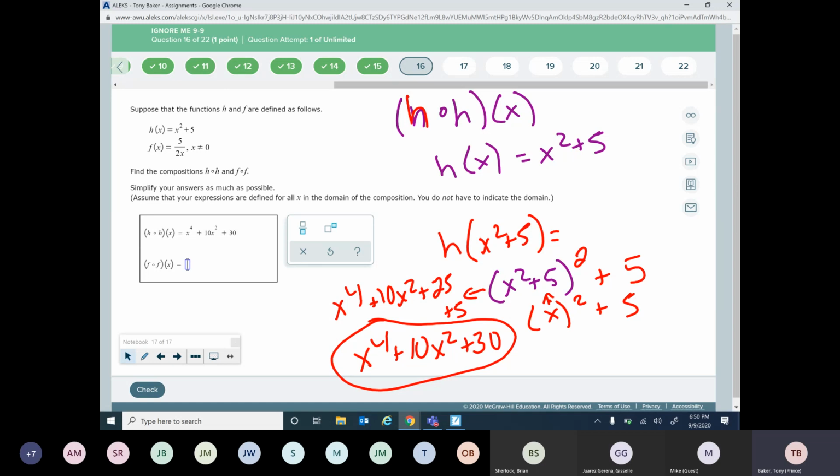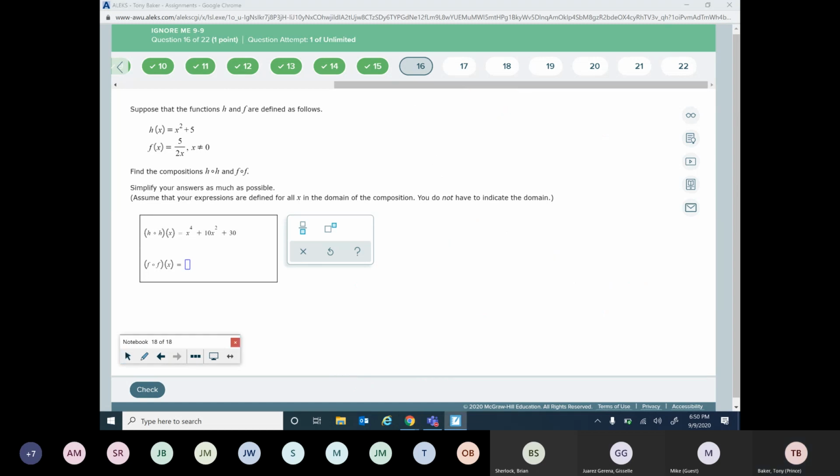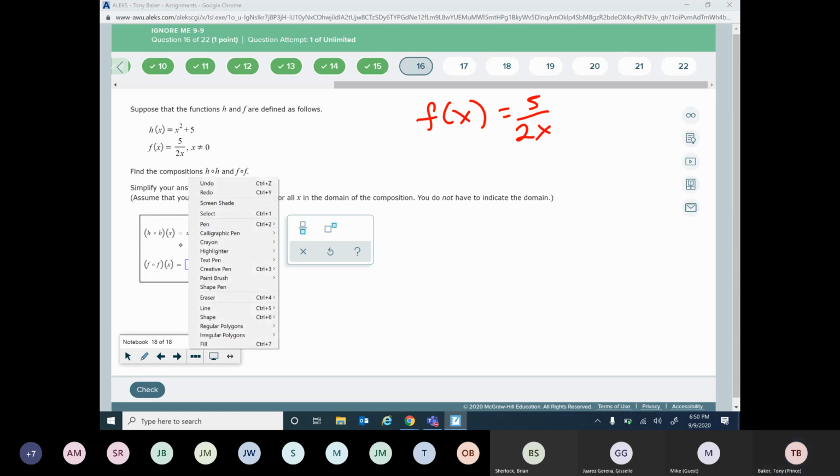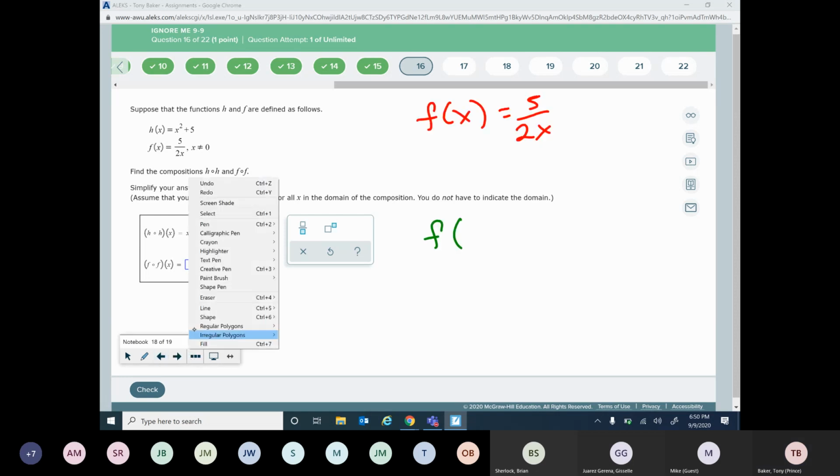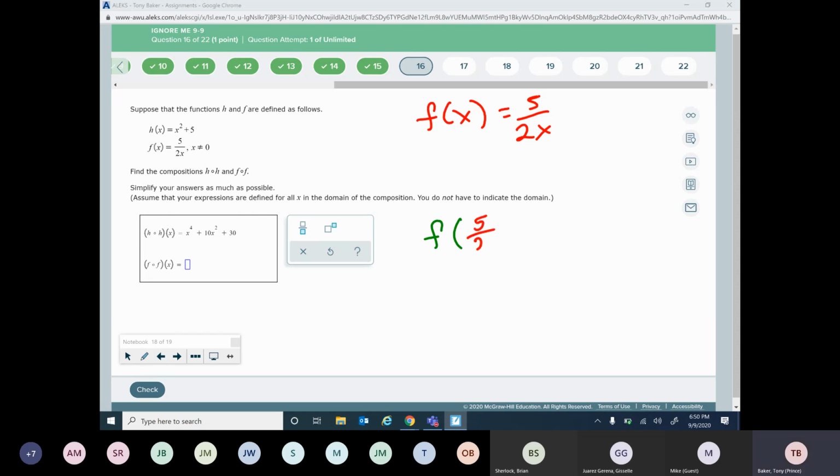All right, now we're going to do f and f. Same thing. So f of x is 5 over 2x. So when I do the next one, I'm going to plug in the 5 over 2x.